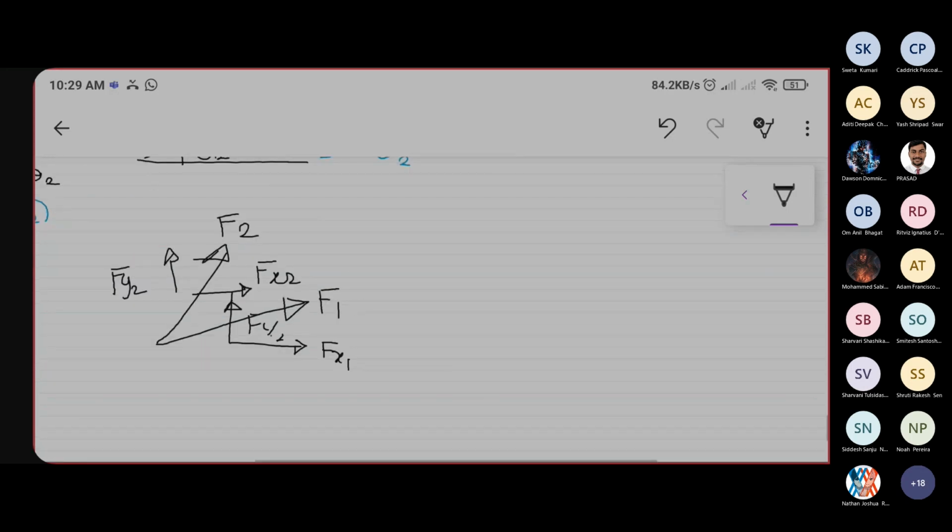Then what do we get? Summation of forces in x direction, summation of forces in y direction. These are the two components in x and y direction. From there we get a resultant.